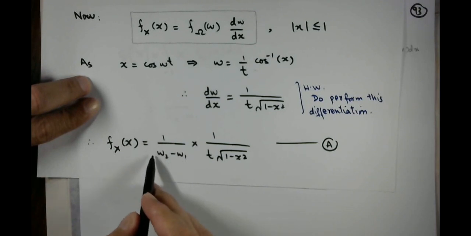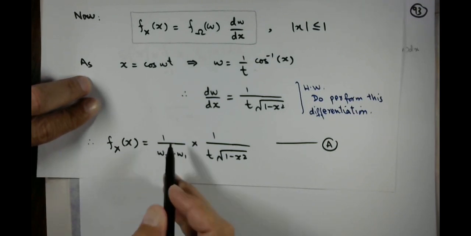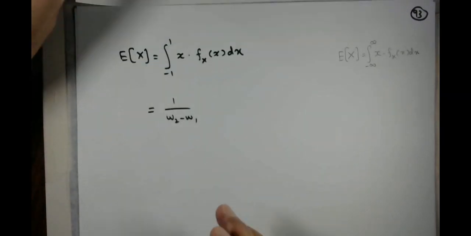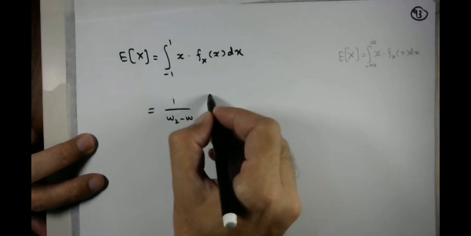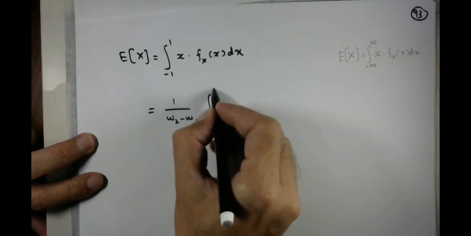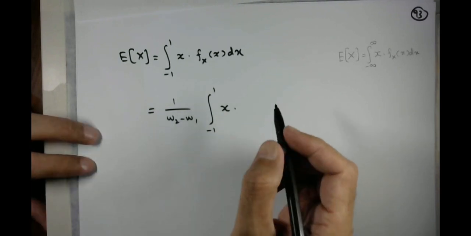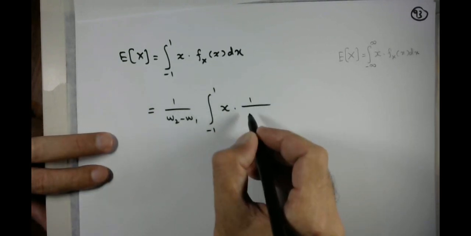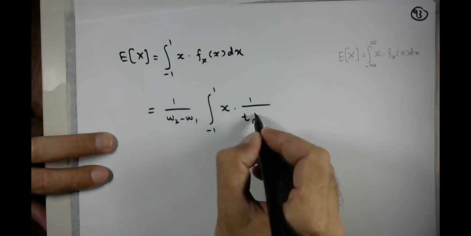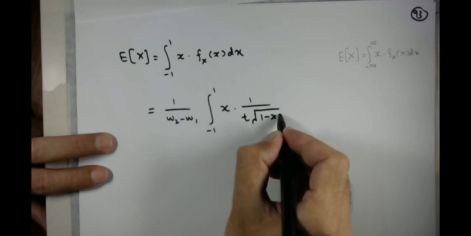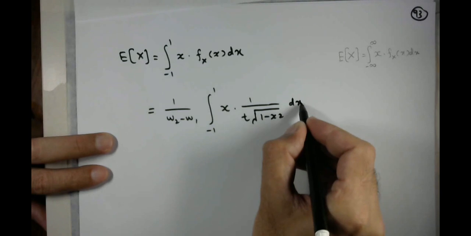The factor 1 over (omega 2 minus omega 1) is nothing but a constant, a scalar, so it can be taken out of the integral sign, and the rest is the integral from -1 to +1 of x times the remaining part of f sub x, which is 1 over t times the square root of 1 minus x square, dx.